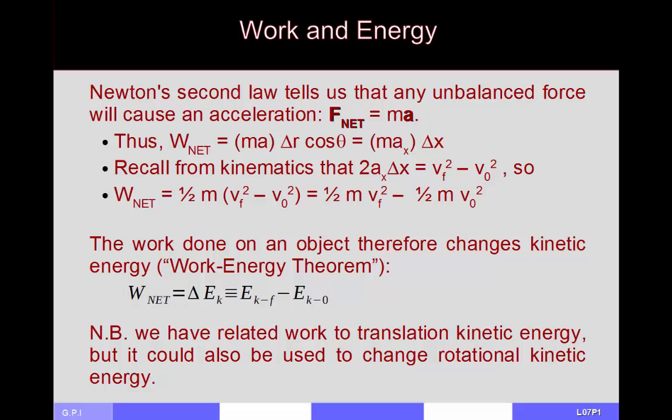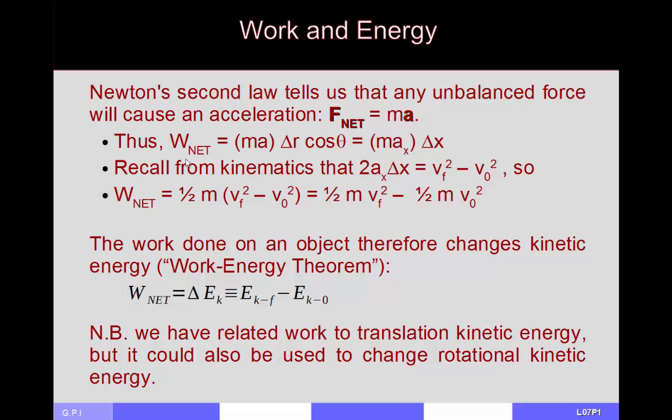All right, so enough about just work for now. Let's move into the work energy theorem, or let's look at combining work and energy. To do that, we can start with Newton's second law, which says that the net force is the mass times the acceleration.